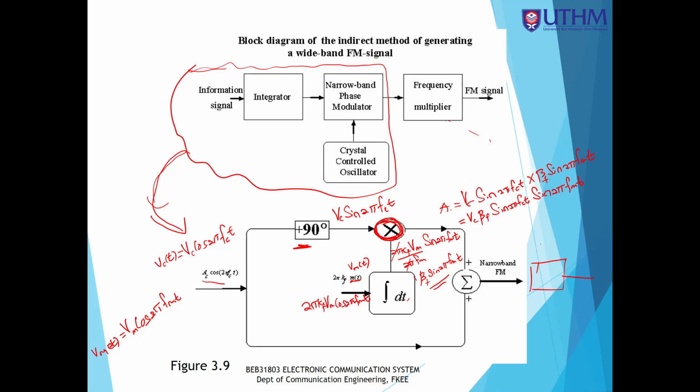So this is equal to Vc beta f over 2, in bracket cos 2 pi (Fc minus Fm) t, so this is the lower sideband, minus cos 2 pi (Fc plus Fm) t, close bracket.